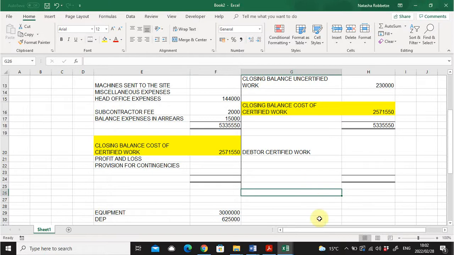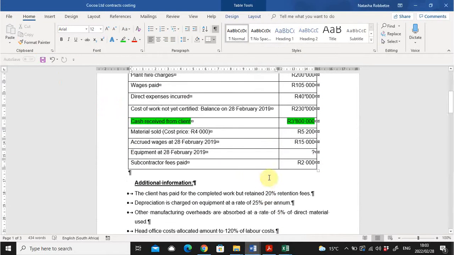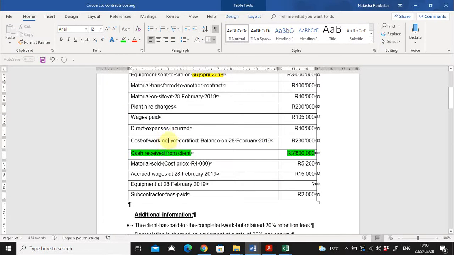Right, then we need to go and calculate the debtors certified work. And here the retention rate comes into play, because we need to go and calculate how much the debtor should actually be invoiced for versus what they have paid. So if I go back to my question, I can see that what the client has paid to us, or what we have received from the client, is 3.8 million.